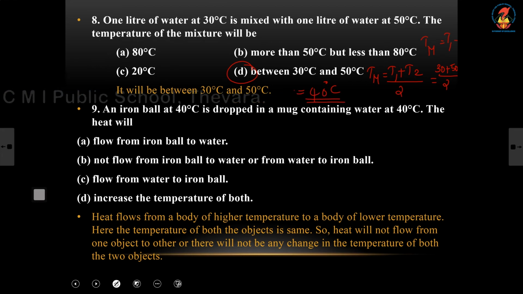Then a ball of iron at 40 degrees Celsius is dipped into a mug containing water at 40 degrees Celsius. Whether the heat will flow. Here the temperature of the iron ball is 40 degrees Celsius. Water is also 40 degrees Celsius. I told you heat flows only when there is a difference in temperature.